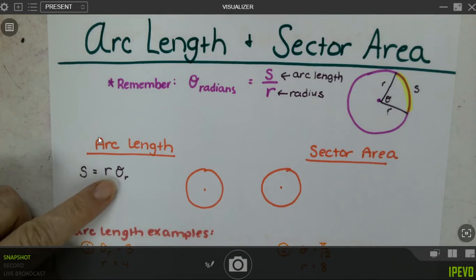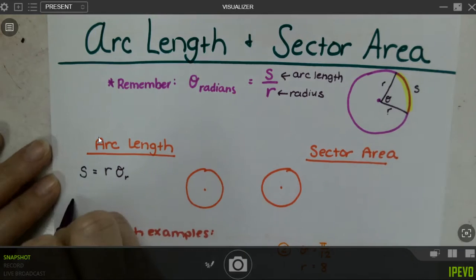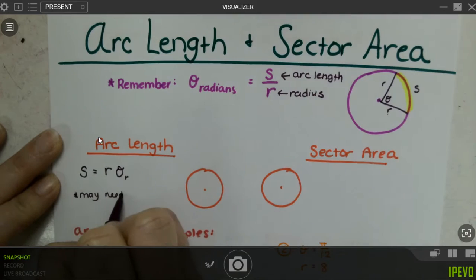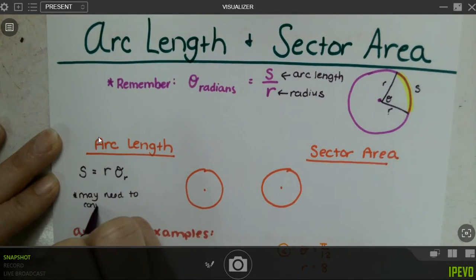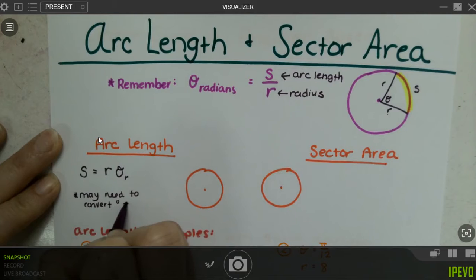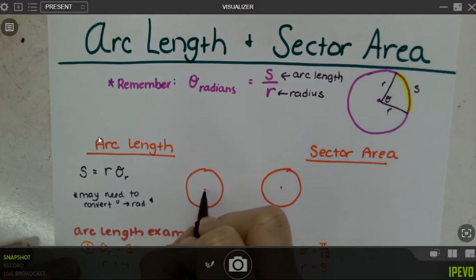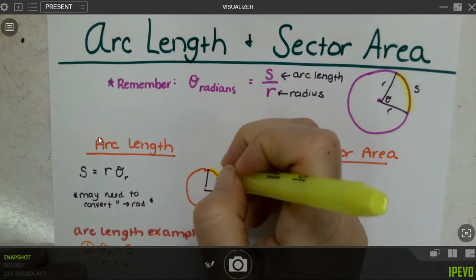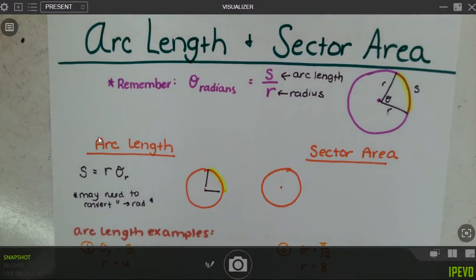Arc length we're doing in radians, so you may have to convert degrees to radians, depending on the problem. All right, so again, arc length is this piece here. How big is that? How long is it?